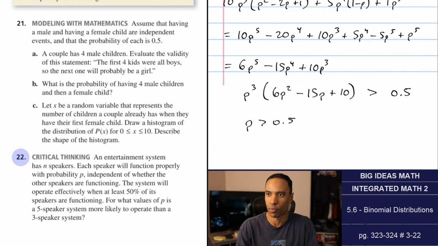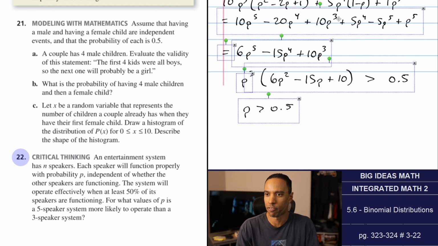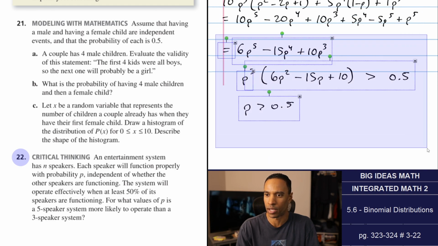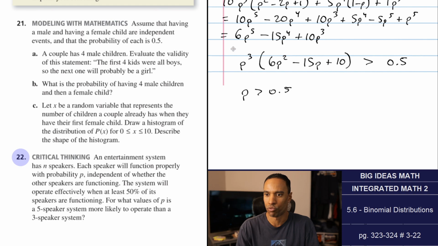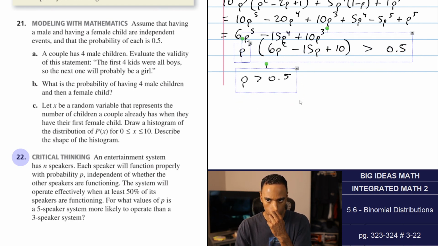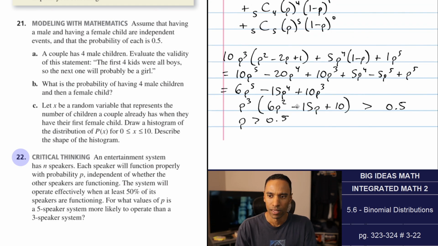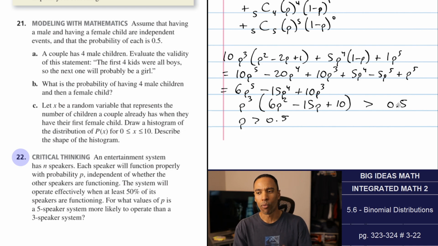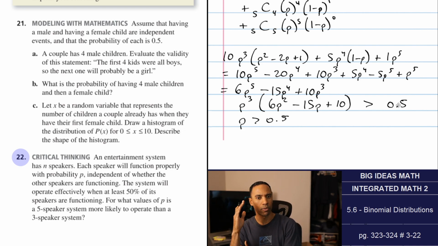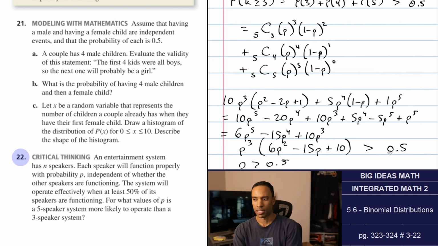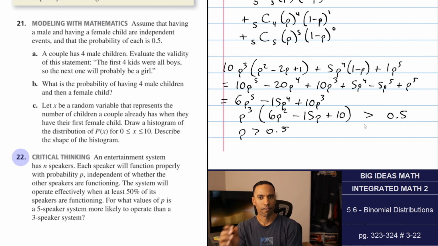Let me truncate what I have in all these things. That was all for the 5-speaker, but now that I know what I'm doing, I want to move forward. I don't know if I'm doing that right though. The 0.5 that I used was applied for the number of speakers, so now I'm saying greater than 0.5 for that.